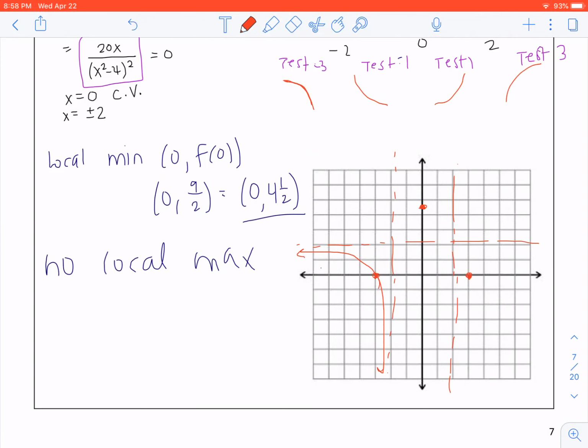And then in the middle, if you notice, it's making almost like a U from that minimum, and then approaching those vertical asymptotes. And then that last interval, which goes from 2 on, is increasing and concave down. So again, putting those lines in.